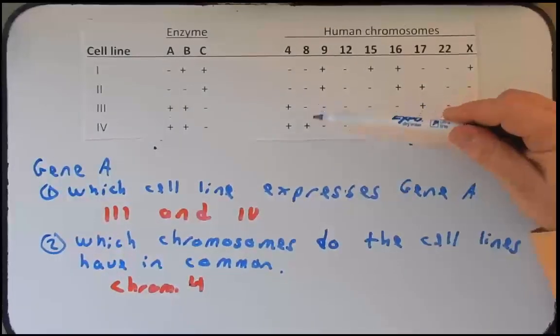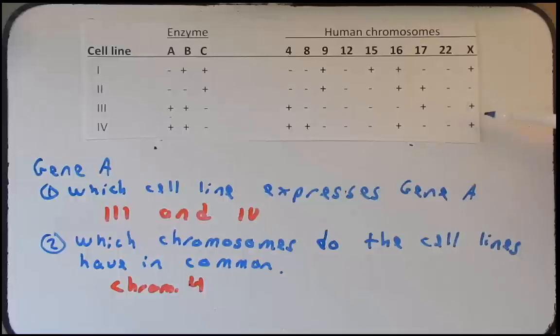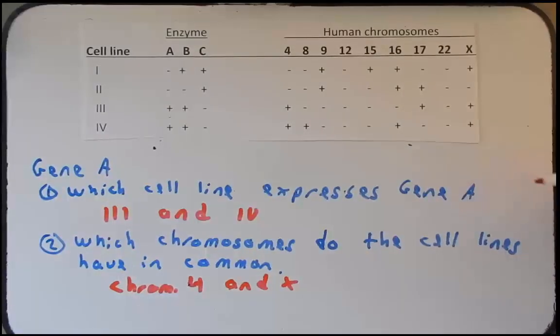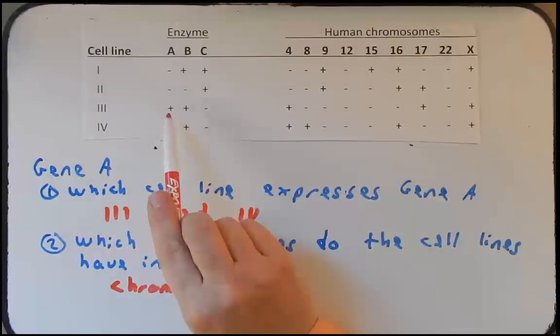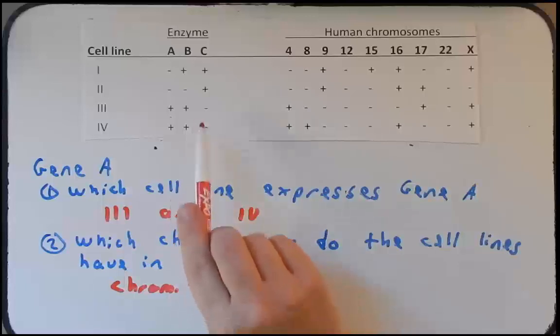And as you go down here, there are no other chromosomes that are found in both of them until we get to chromosome X. So chromosomes 4 and X are common to both of them. The reason we do this is because we know that if enzyme A is expressed in both cell lines 3 and 4, then the gene that codes for that must be found in both of these cell lines.